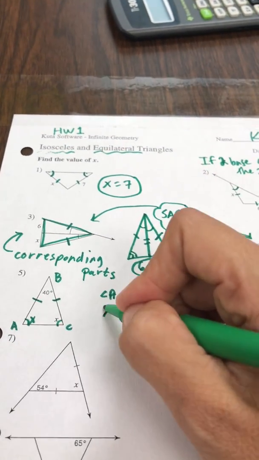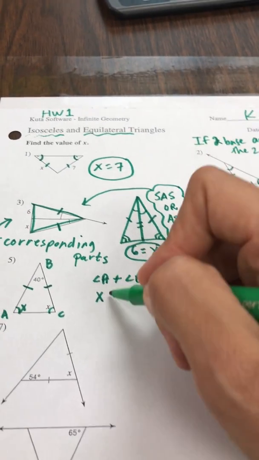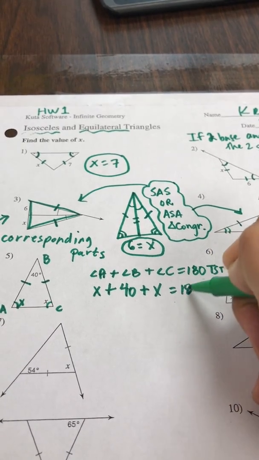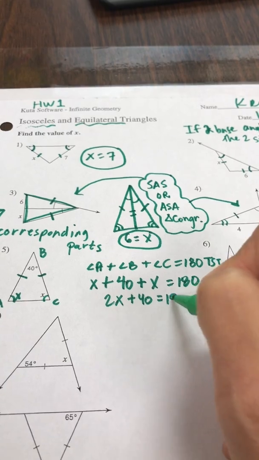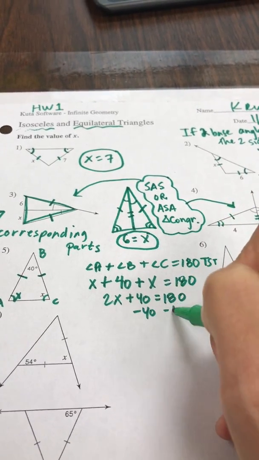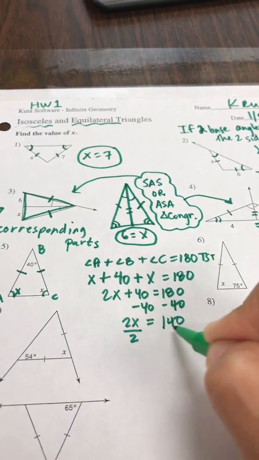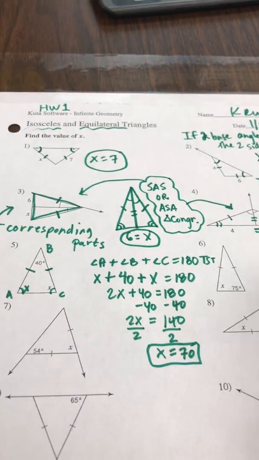Angle A we know is x because we know base angles of an isosceles triangle are congruent. B is 40, C is x. Combining like terms, subtraction property of equality, voila.